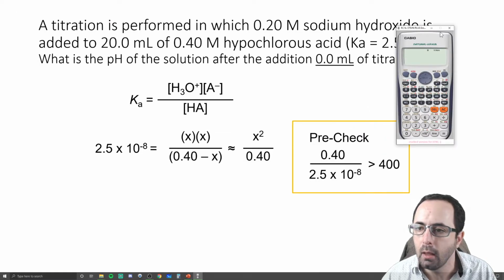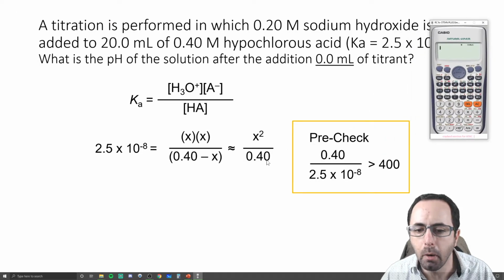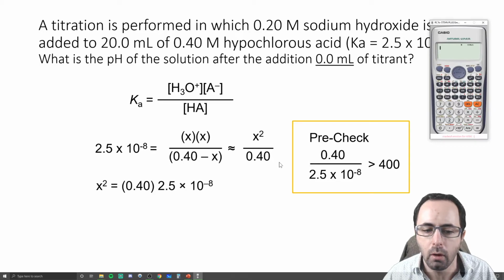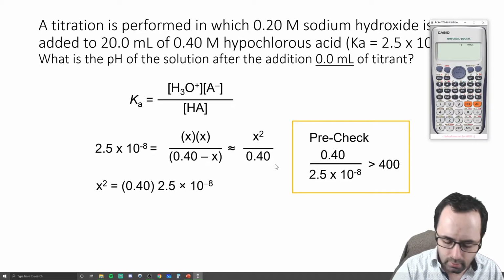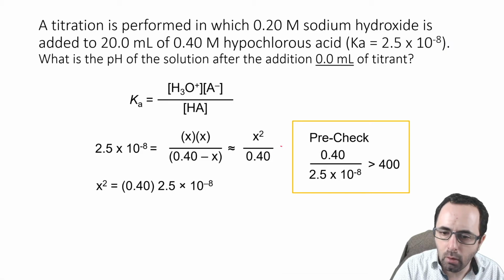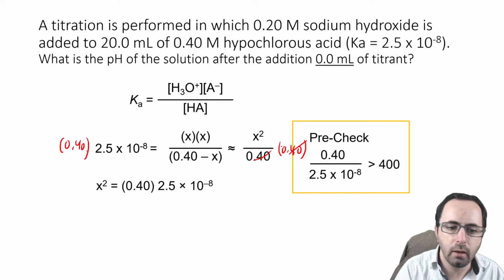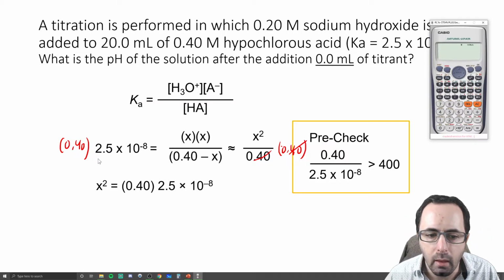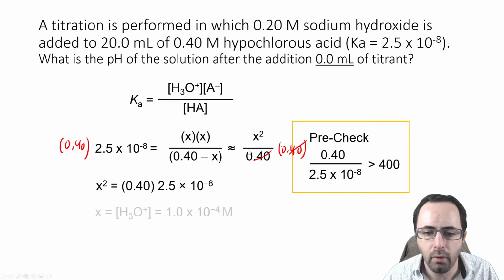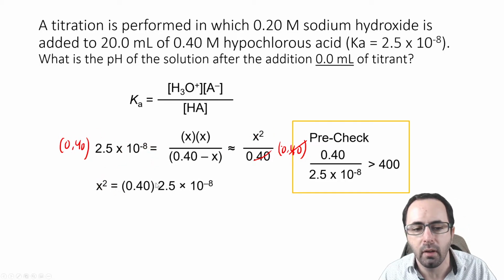And so now if we multiply both sides times 0.4, that would be times 0.4 right here, which would cancel the 0.4, and times 0.4 right here. And so we get x squared on this side as the only thing left, and I've written that right here. And then on this side we have 0.4 times 2.5 times 10 to the minus 8.